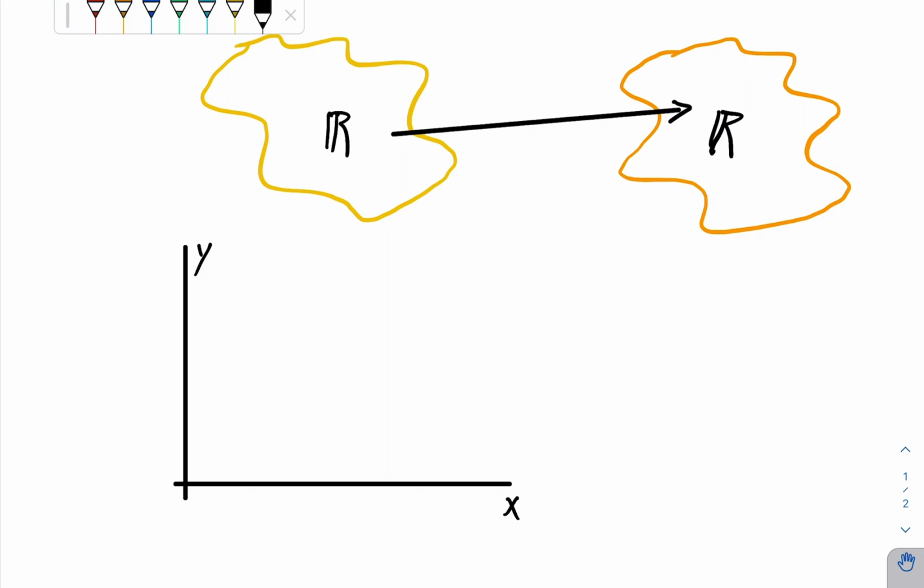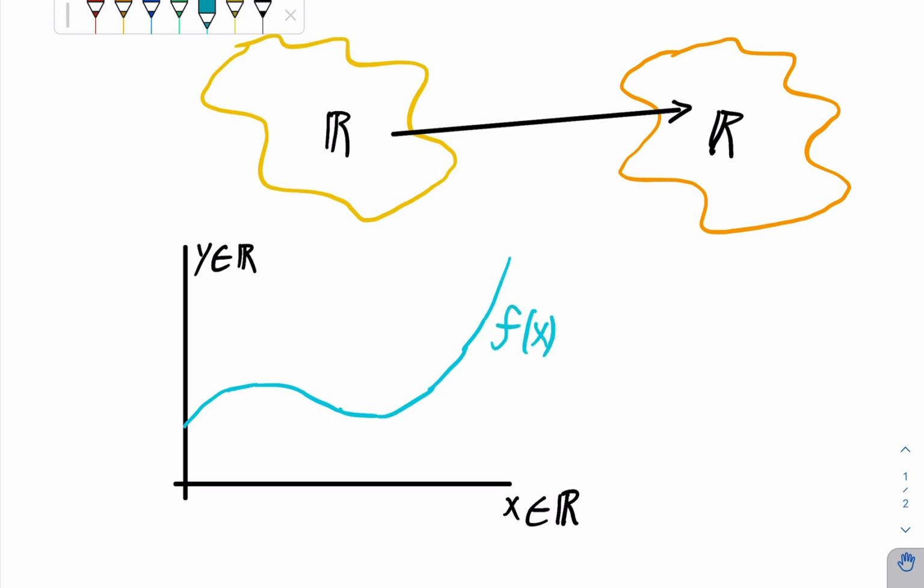On the x-axis, we have a set of real numbers, and on the y-axis, we also have a set of real numbers, since our function maps from the real numbers to the real numbers. From here, we can get a function. It could usually be a curve, something like that. And this would be f of x. And that is how we can model that graphically.